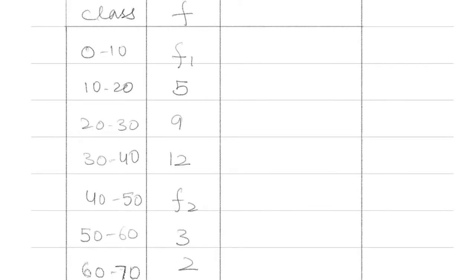And here the frequencies. First frequency is missing. It is f1, then 5, 9, 12. This is f2, again a missing frequency, 3 and 2. And sum of frequencies is given as 40. We are given the median of this distribution as 32.5, and we have to find out the missing frequencies.